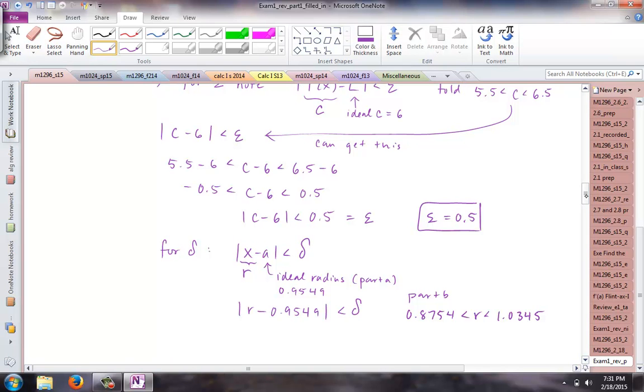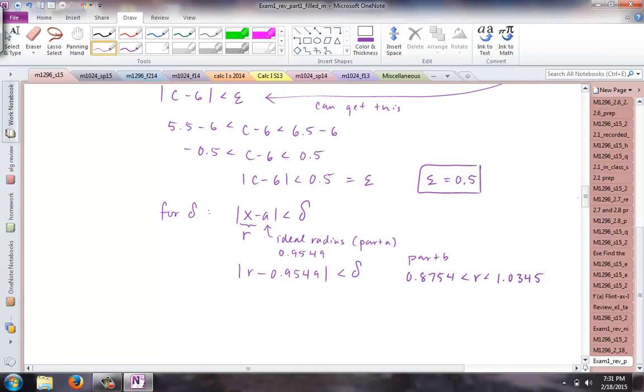How you show that is sort of up to you here, but make sure you are showing some work. So I'll do it the legit way over here, kind of like I did for epsilon. So I subtract that ideal radius, which is 0.9549, everywhere in this compound inequality.